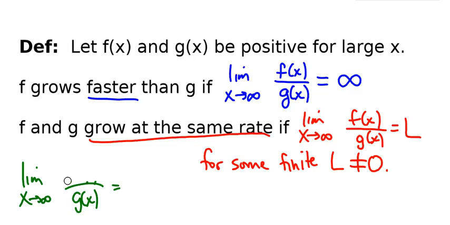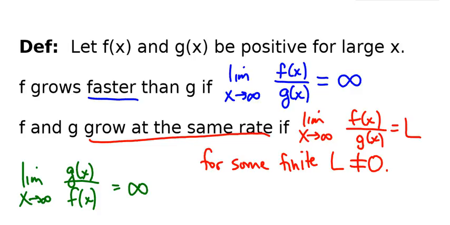Well, if f over g is 0, what would that be? If f over g goes to 0, then g over f would go to 1 over 0. Well, that would go to infinity. And what does that mean? Well, that means that g grows faster than f.